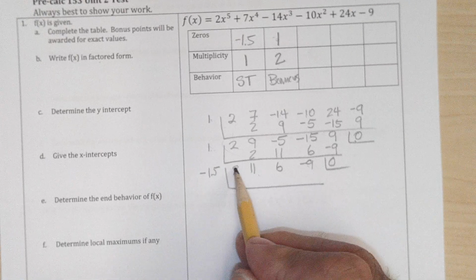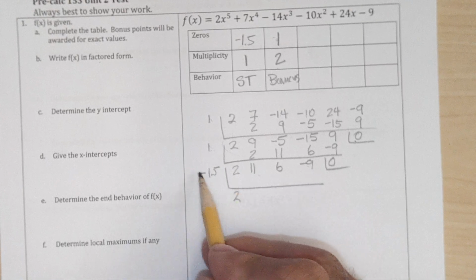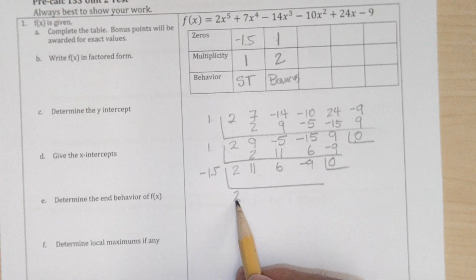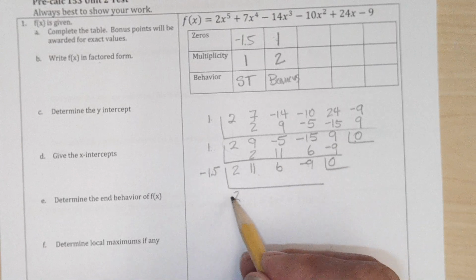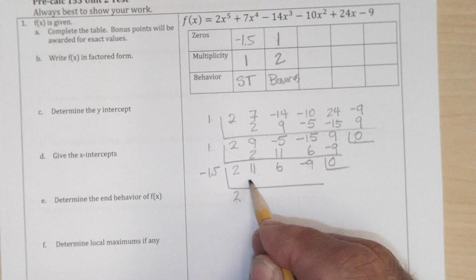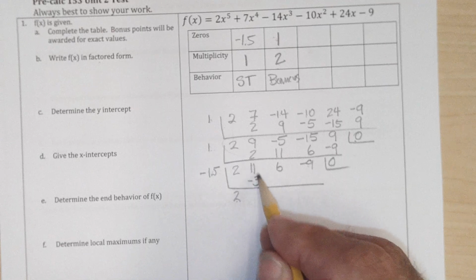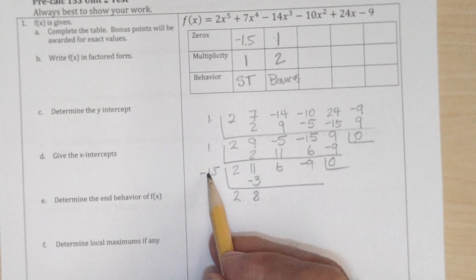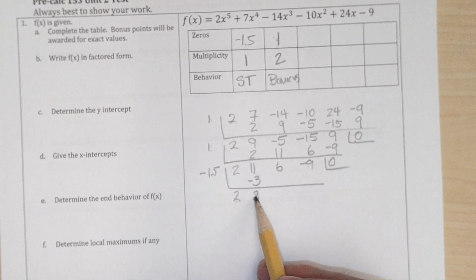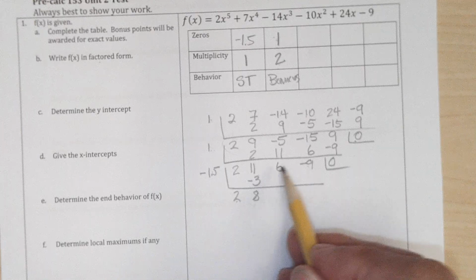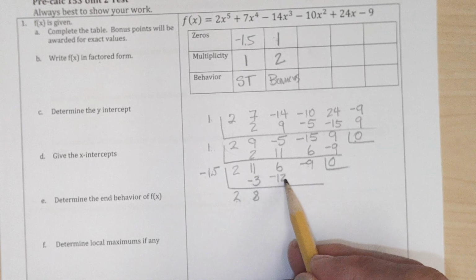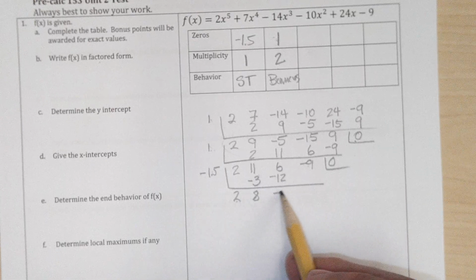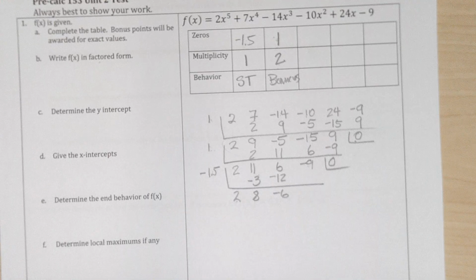So add down, negative 1.5 times 2, that's 2 plus half of 2 makes it negative 3. Add down, and I get 8. 8 plus half of 8 is 12, and that'll be negative. So I add down, and I get negative 6.